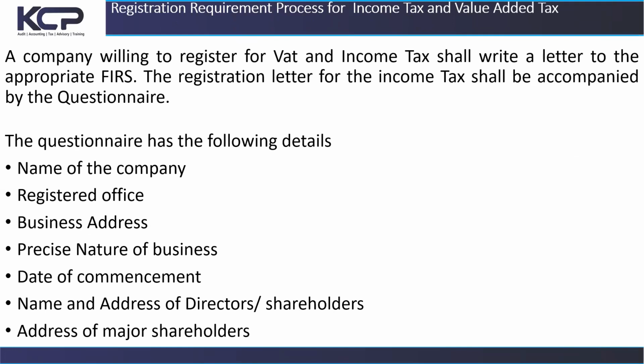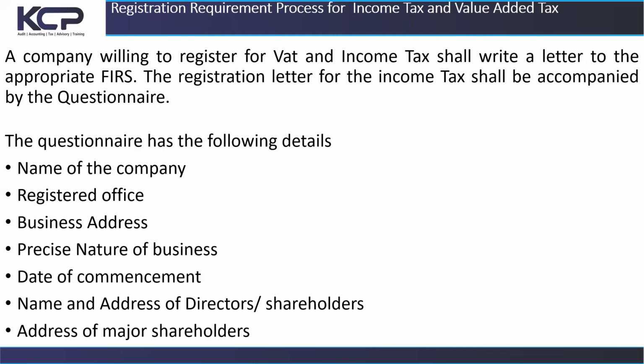And where your company has also ceased operation, you are expected within 90 days to notify the FIRS. Not only on cessation, when you also change your business address, within 90 days, you are also expected to notify the FIRS. Thank you, Esther.